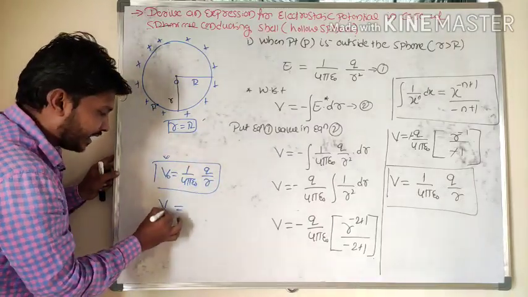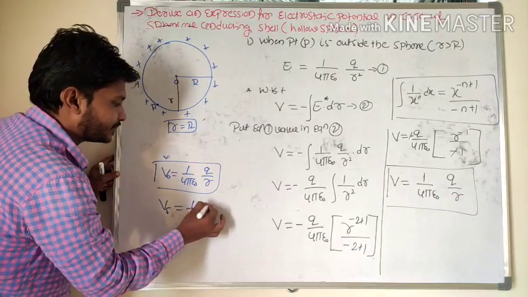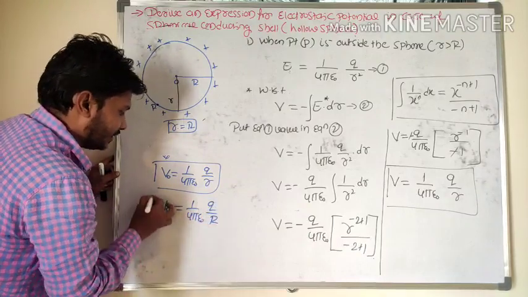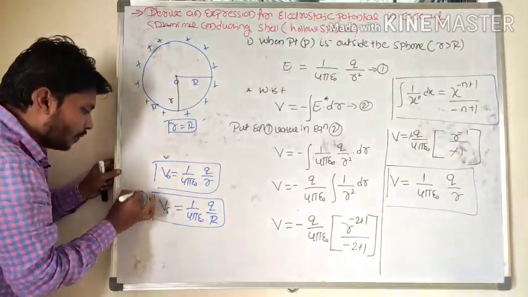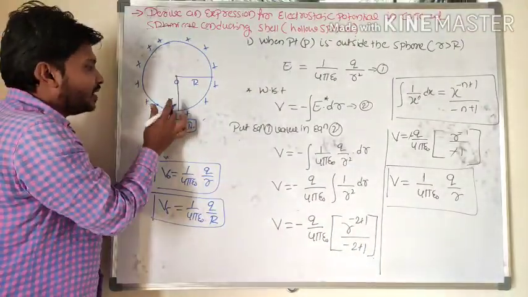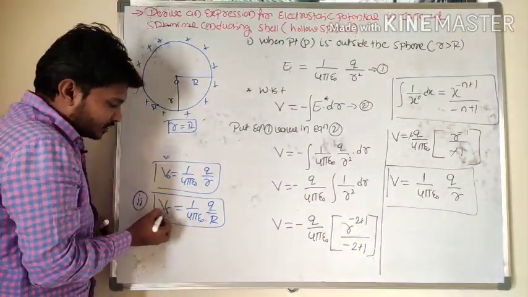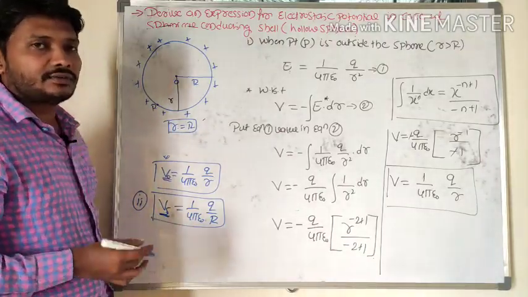This is for outside and this is for on the surface. In the second case, when the point of observation is present on the surface of the sphere, this is the required equation: 1 by 4 pi epsilon naught q by R. This is for outside and this is for on the surface of the sphere.